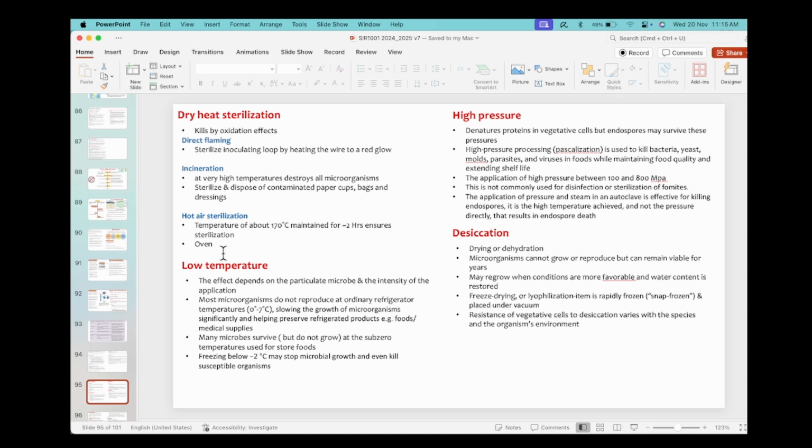Desiccation, drying. So certain foodstuff that can be dried, then you keep them by drying. Okay. Then you have high pressure pascalization. This is usually used in the food industry because in certain food processing, there are spore formers that are very difficult to kill, even by autoclaving. Okay.